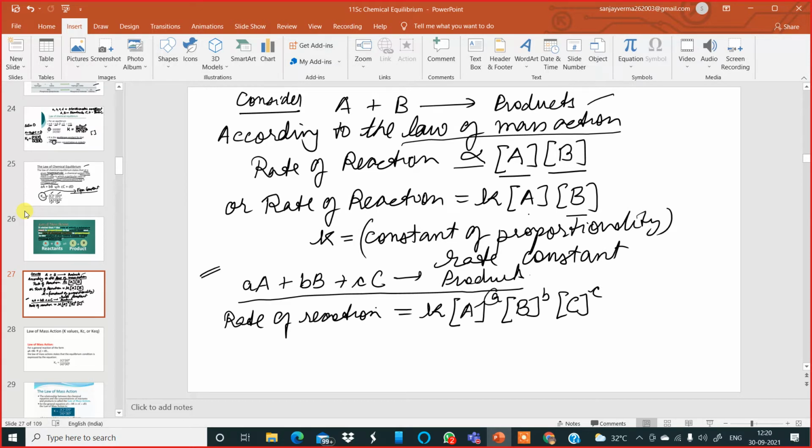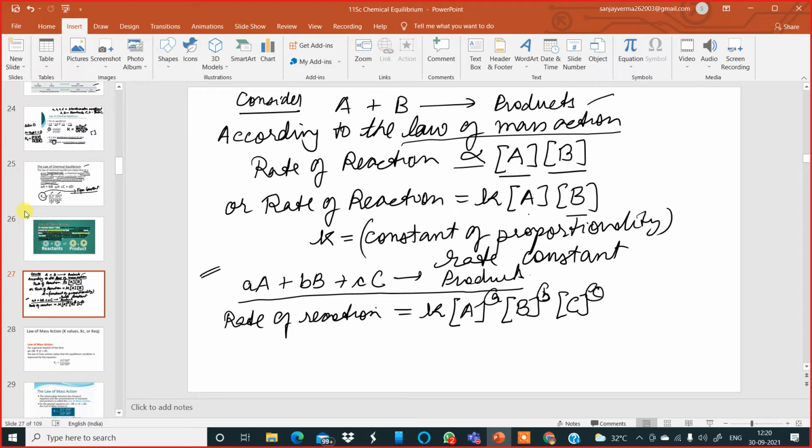Now these A, B and C are called the active masses. These are called the active masses of the reactants. So I think this is clear to all of you. Now the term active mass in the statement of the law of mass action indicates that the whole mass of the reactant may not be active.